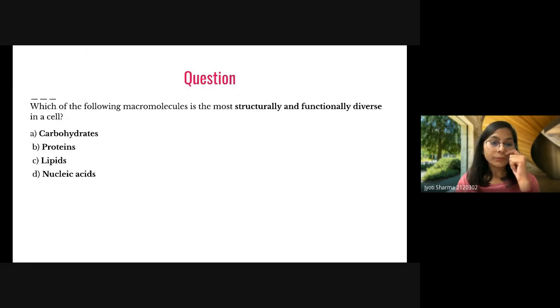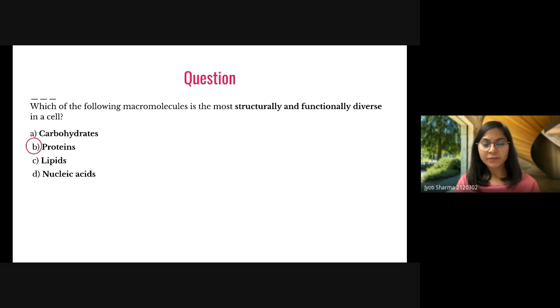Okay, which of the following macromolecules is the most structurally and functionally diverse in a cell? Carbohydrate, protein, lipid, nucleic acid. So this is protein.